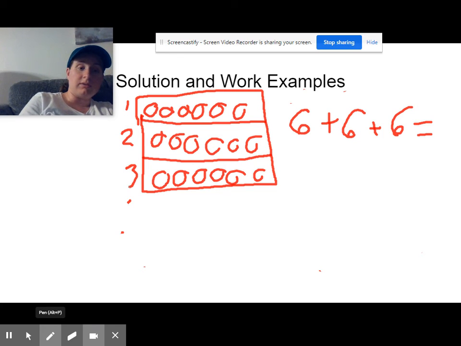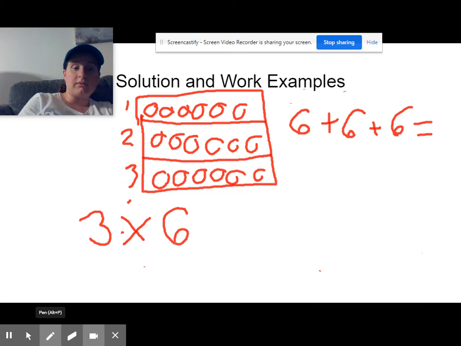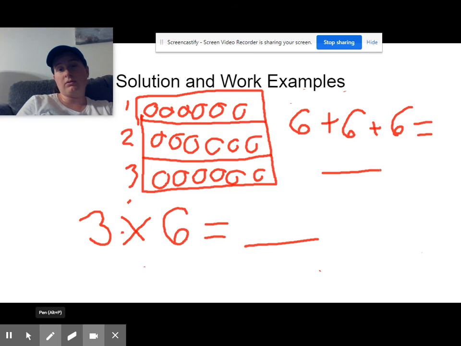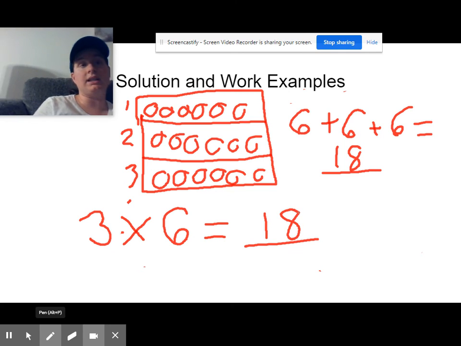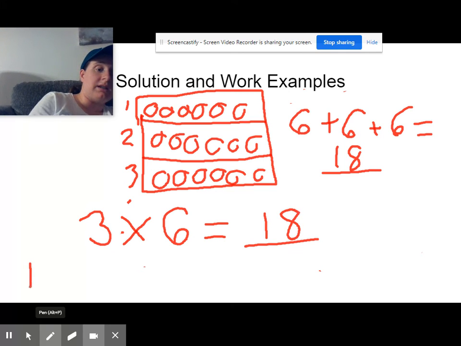Rows are another way of saying groups. 3 groups of, that's what our X symbol means, have how many? 1, 2, 3, 4, 5, 6 in each group. 3 groups of 6 equals our total. Our total is 18. But 18 what? 18 eggs. That is what we needed to answer.